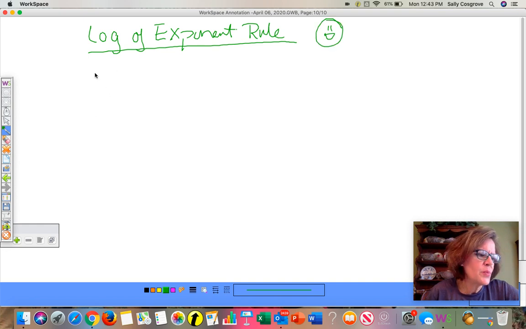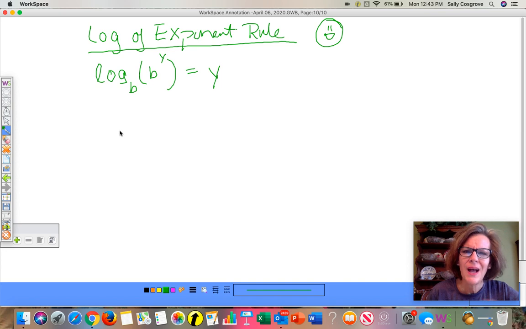So here is the property, and it says log base b of b to the y equals, guess what? Any clue? Y. All right. Log base b of b to the y equals y.